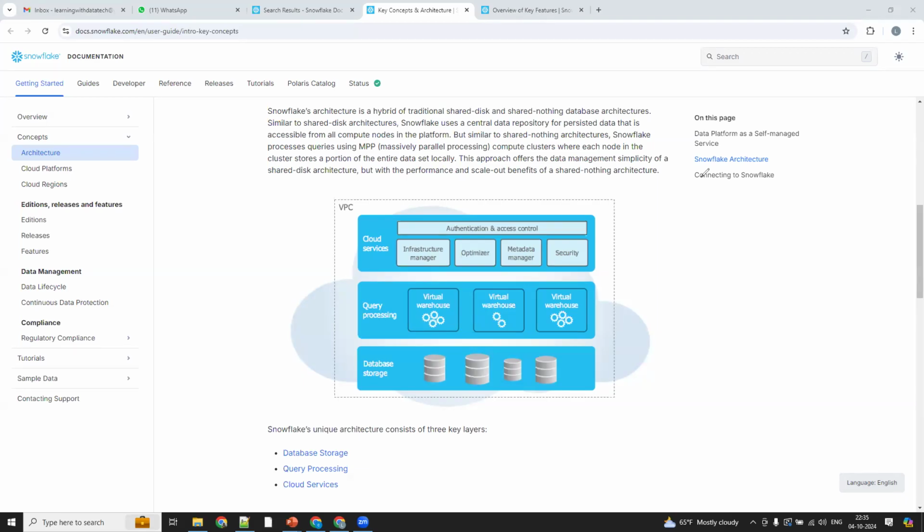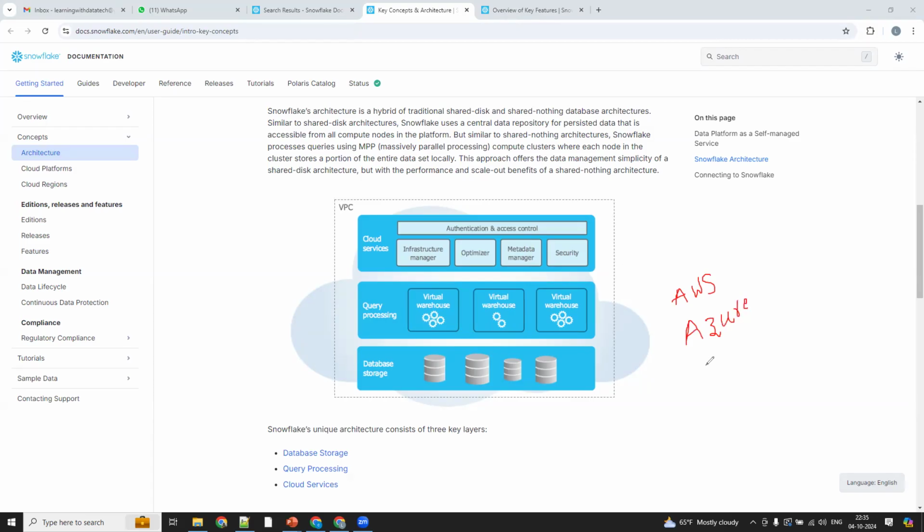But how come they're storing the data? They are depending on public clouds. Who are they? The first one is AWS, Amazon Web Services. Sorry, my bad. And the second one is Azure.